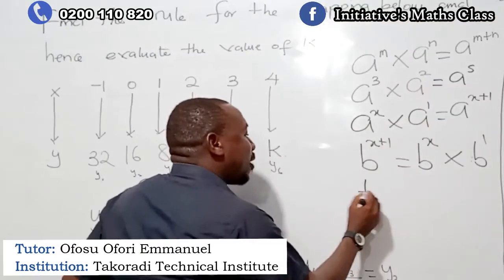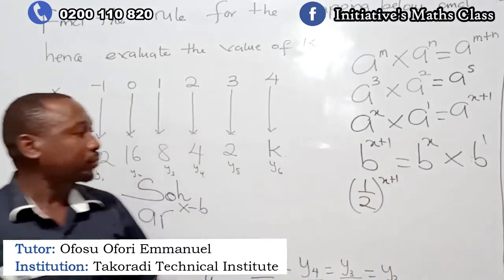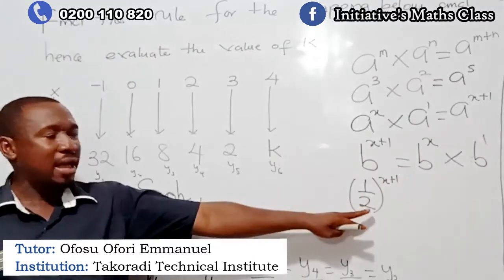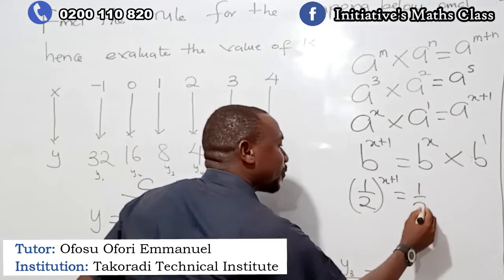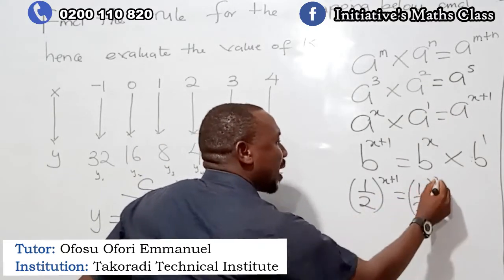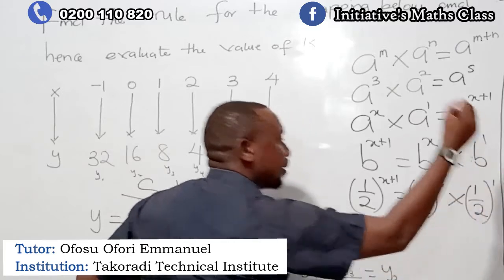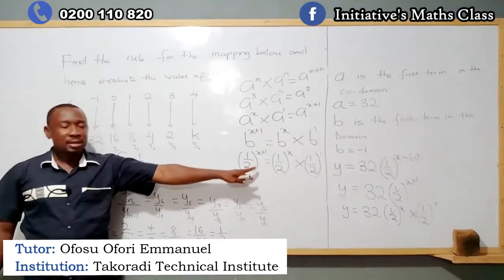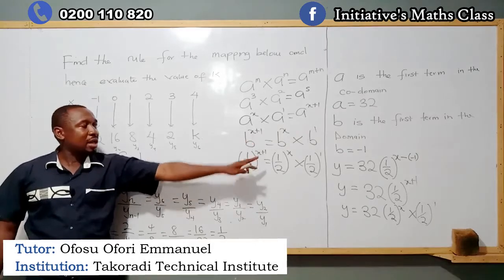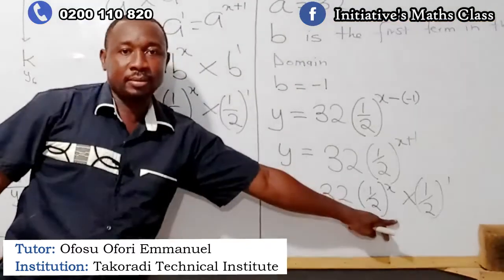Because we have half to the power x plus 1, and this is the same as half to the power x times half to the power 1. That is what I've split here.